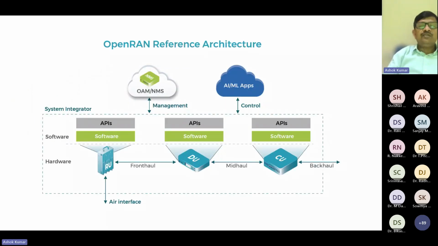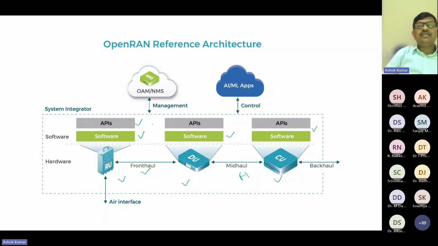Ultimately, what they're trying to achieve is that they have RU, DU, and CU connected on open interfaces: RU-DU fronthaul, DU-CU midhaul, which is F1, and then from the CU to the core network. On top of this open hardware, you can have RU software, DU software, and CU software.